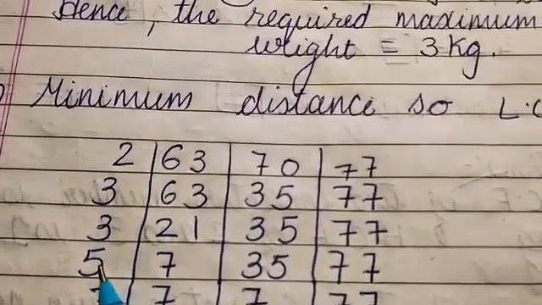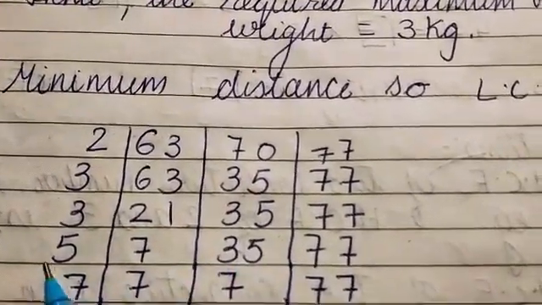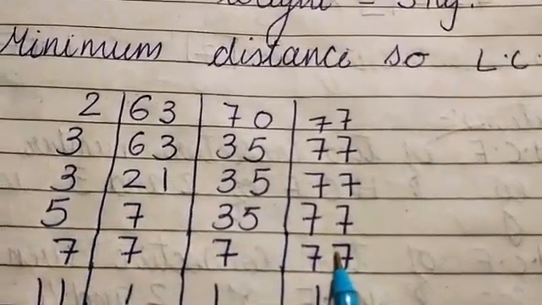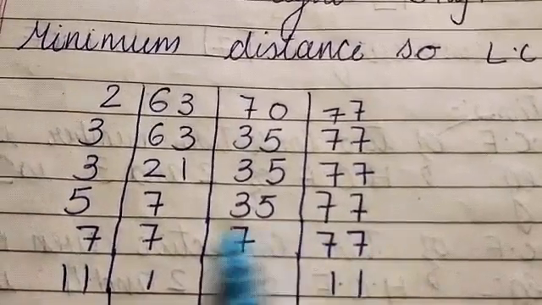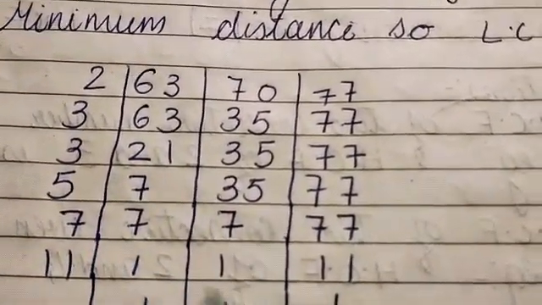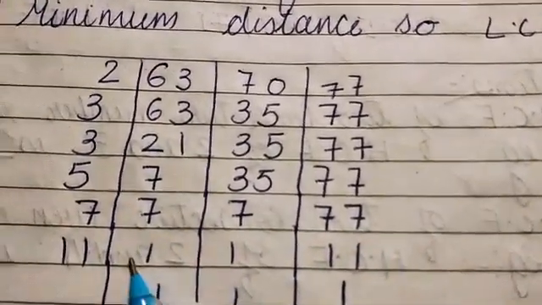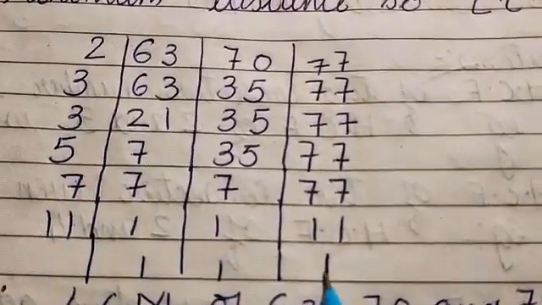Now we will go for 5. 21 keep as it is. 5 7s are 35 and 77 as it is. Now 7, 7 and 77, everything will come in which table? 7. So 7 3s are 21, 7 5s are 35 and 7 11s are 77. Now here is 3, here is 5 and here is 11. So 11 1s are 11.